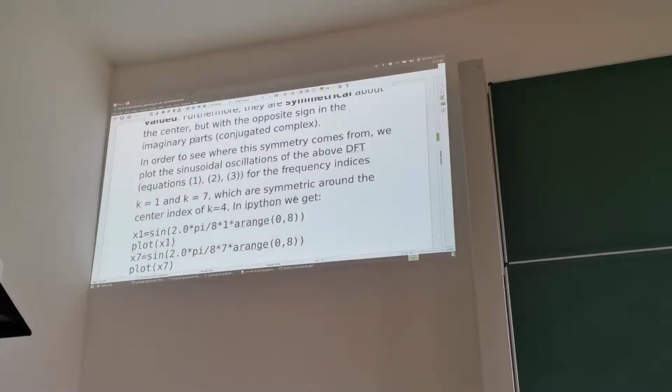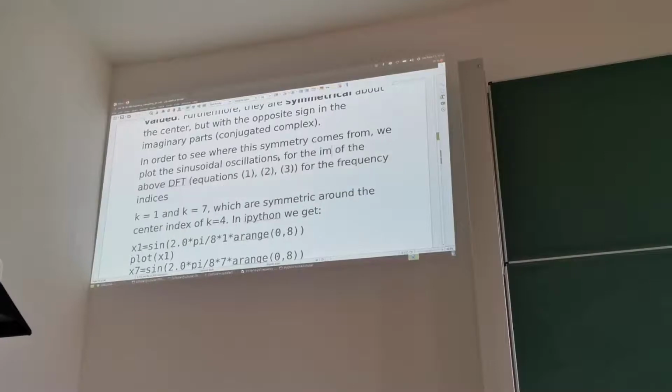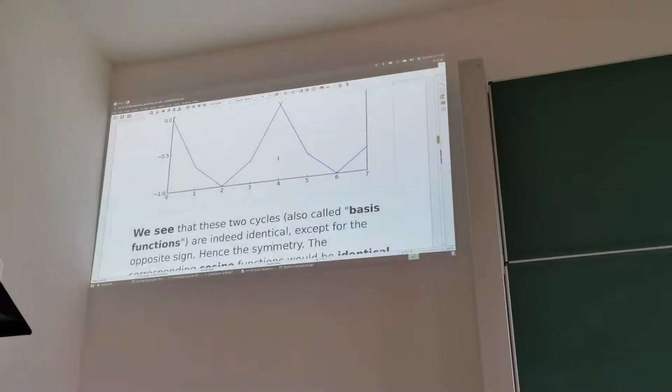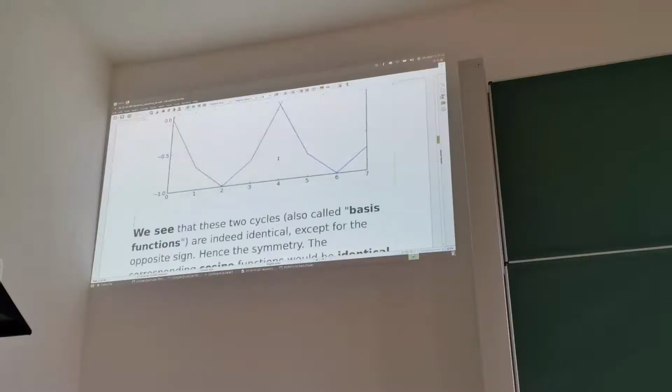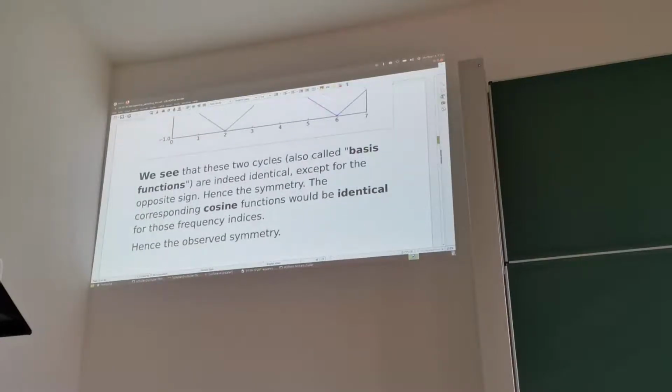So this would be sinusoidal oscillations for the imaginary part of the DFT. And the cosines are for the real part, which will be identical.